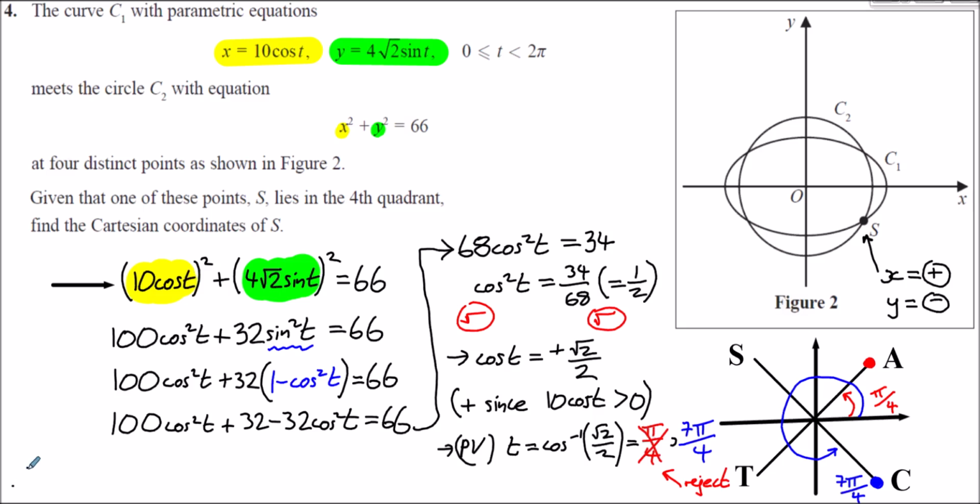So s is going to be 10 cos 7 pi over 4 and 4 root 2 sine 7 pi over 4.